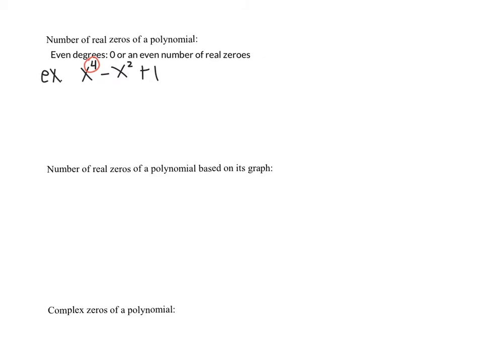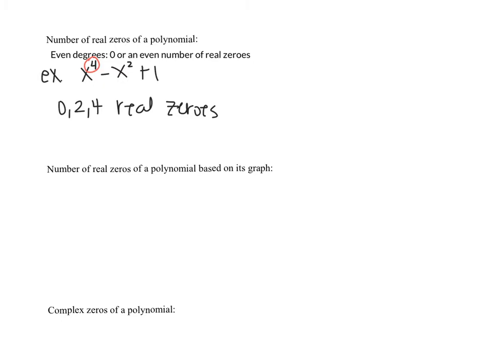So the possible number of real zeros it can have is 0 or every even number up to the degree, which are 2 and 4. So it either has 0, 2, or 4 real zeros. And without graphing it, we won't know for sure which of those it has.